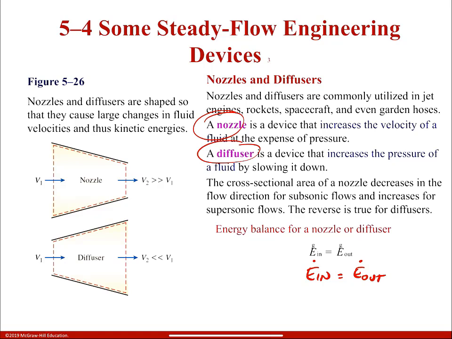When you're using a nozzle, you will increase the velocity of a fluid at expense of the pressure, and the diffuser will do the opposite of that. But both of them will work under the same equations, under the same characteristics. They're just used for different applications. Whether you want to increase the velocity or the pressure, then you will use nozzles or diffusers.